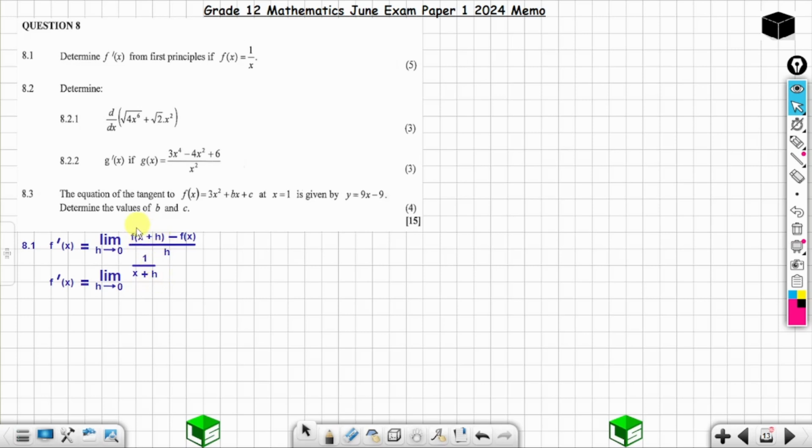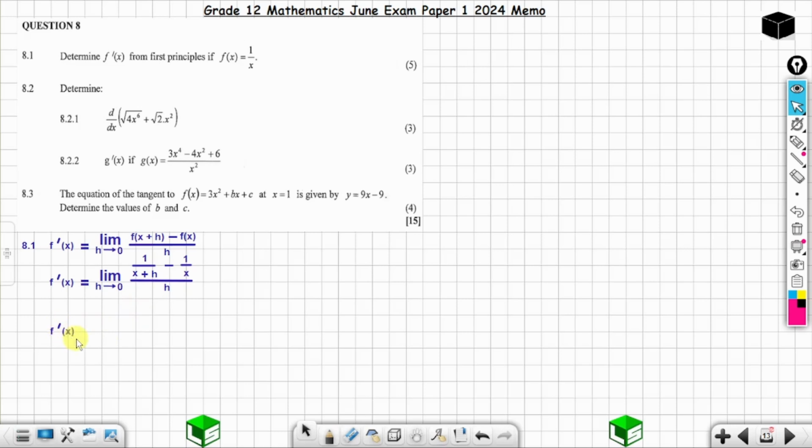Okay, you plug x plus h wherever you have x. You have this minus. Now you have f of x. You are going to plug x wherever you have x. So you are going to have 1 over x. This is over h. Okay, we carry on.